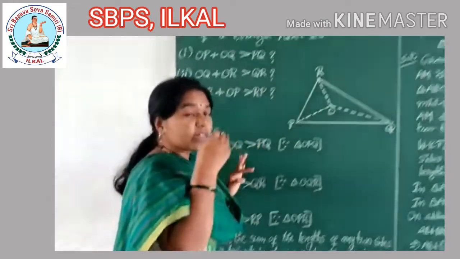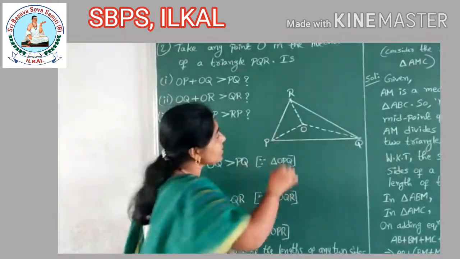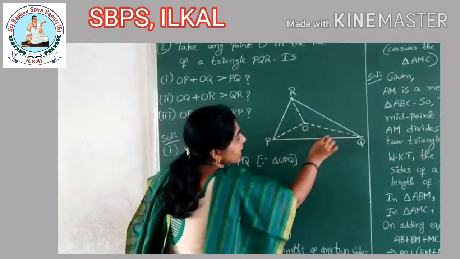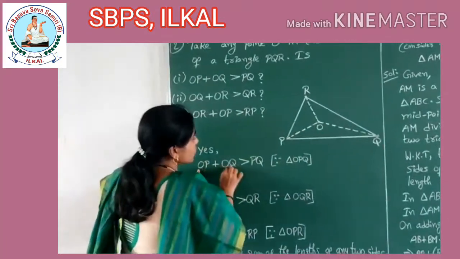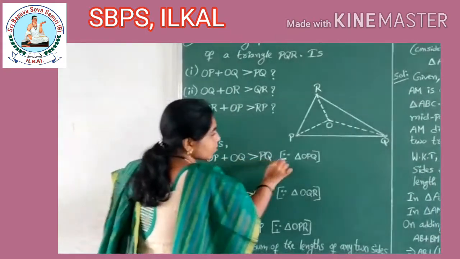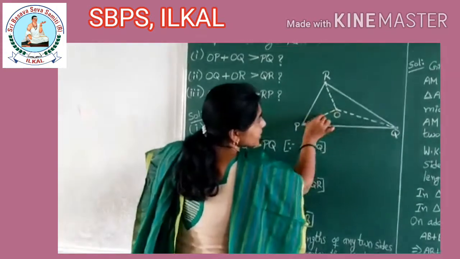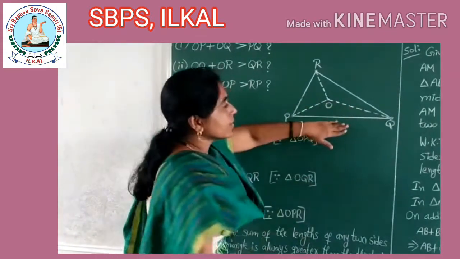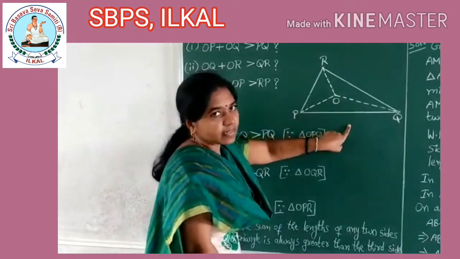It means if we consider any one point in its interior and join it, the sum of any two sides of a triangle will be greater than the third side. Then OP plus OQ is greater than PQ. Yes, OP plus OQ is greater than PQ, because if you consider triangle OPQ, these two sides will definitely be greater than the third side. The sum of these two sides will be greater than the third side.